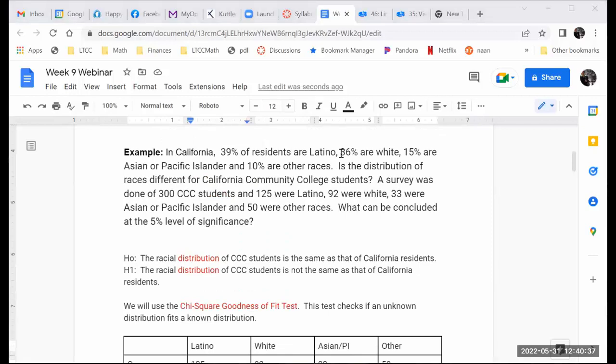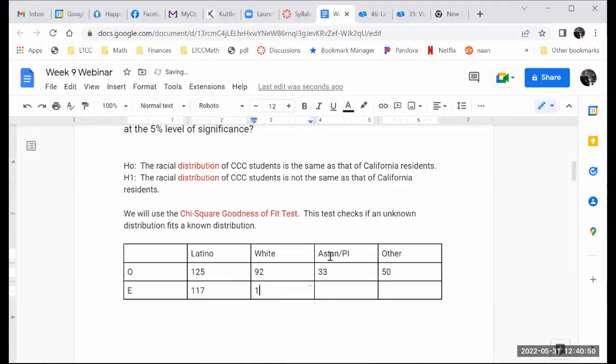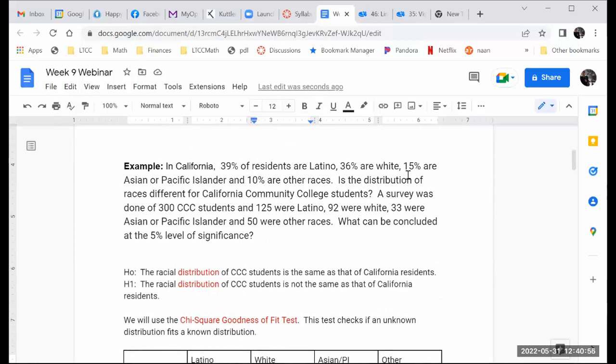Okay, 36% are white. Well, 36% of 300 is 108. So 0.36 times 300 is 108. Again, you don't have to do it in your head like I did, you can use a calculator. Then we had 15% Asian Pacific Islanders. 15% of 300 is 45.